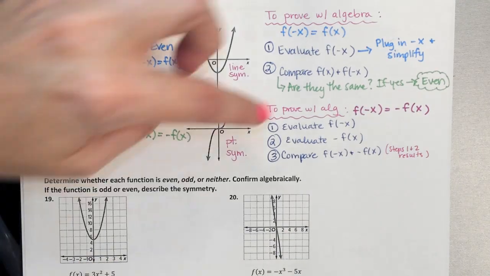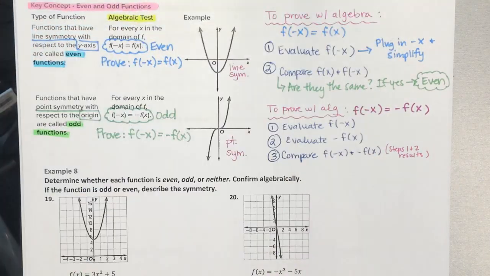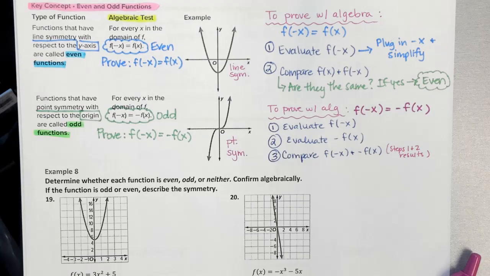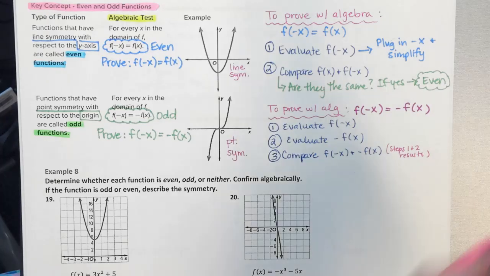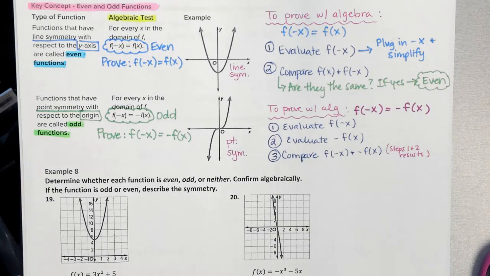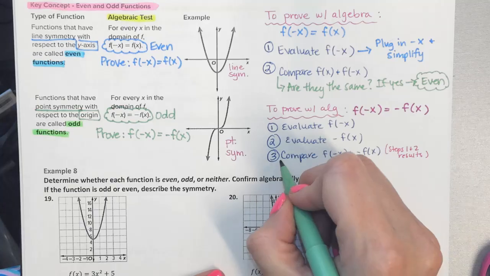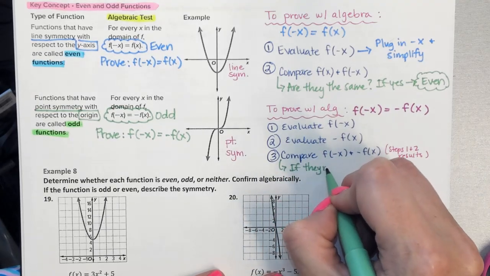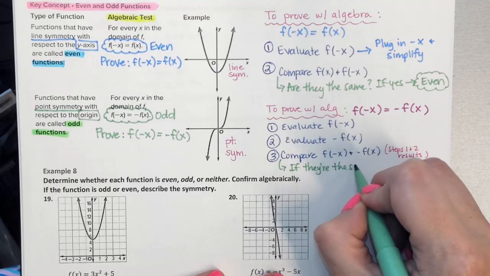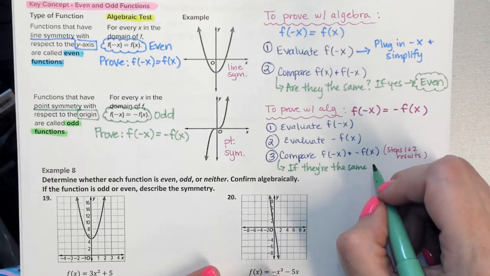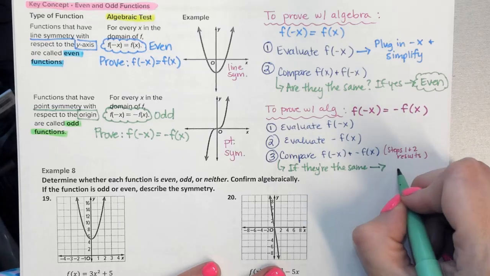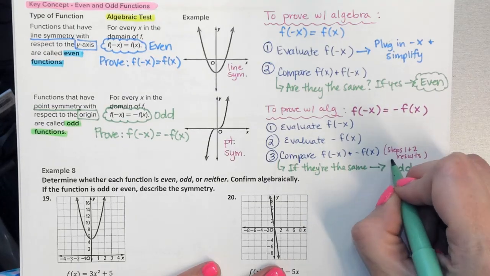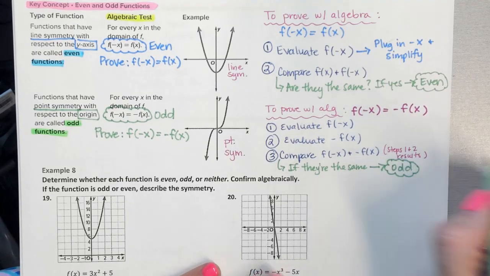So you're looking at what you got in step 1, you're looking at what you got in step 2, those results, you're comparing them, and then you're just asking yourself, okay, are they the same? And if they are the same, they are what? In this case, they would be odd.